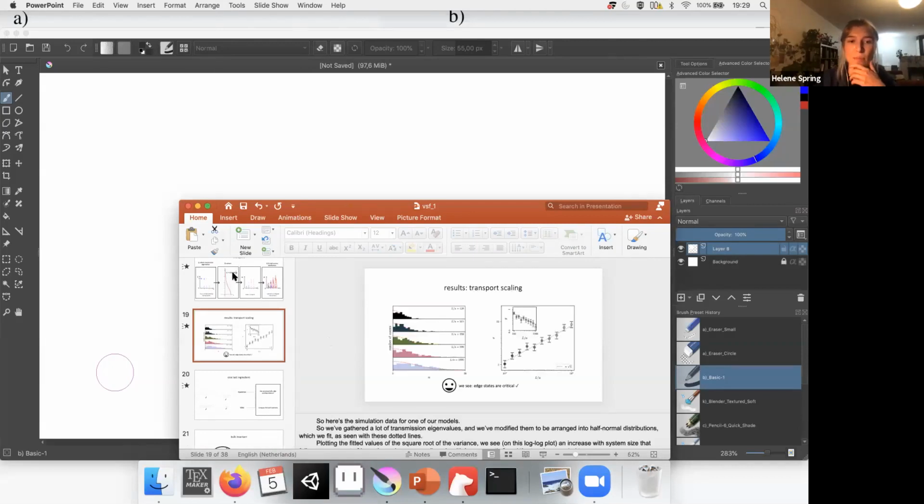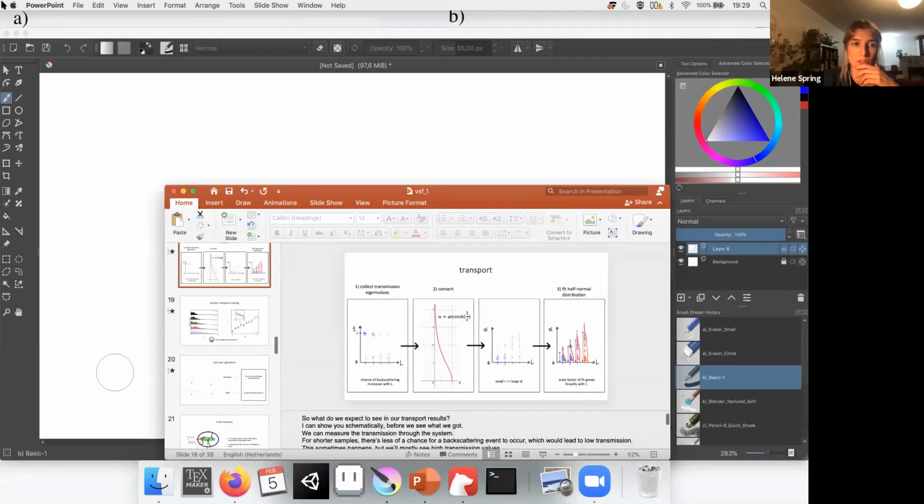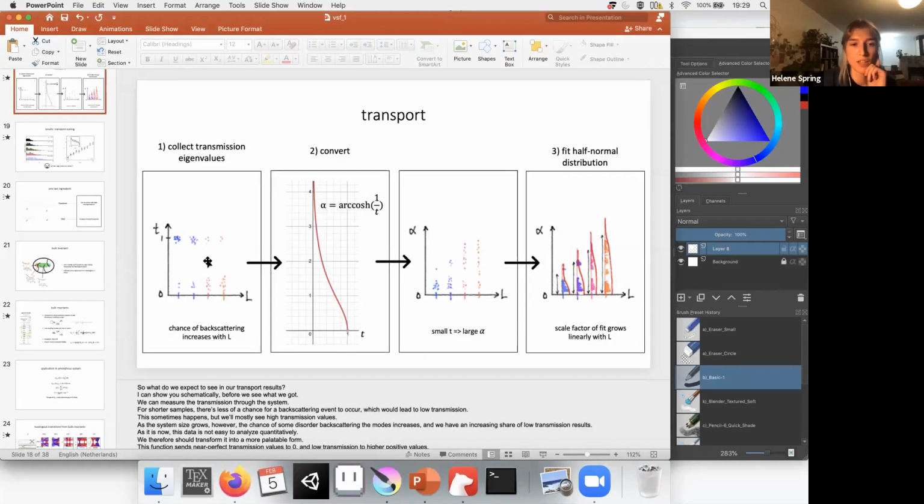Okay, so as I mentioned in this slide, let me just maximize this so everyone can see. All of these points represent one sample from one particular amorphous configuration for one system size. And then we do this a bunch of times for each system size.